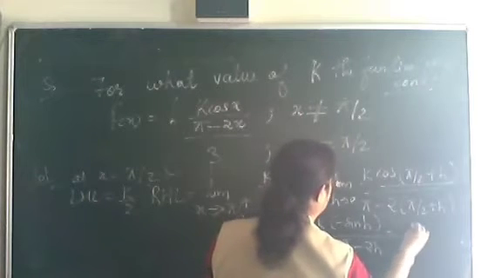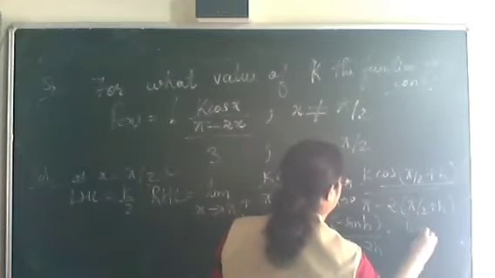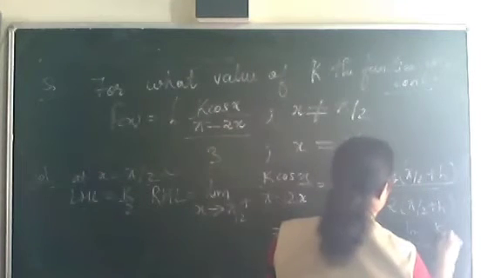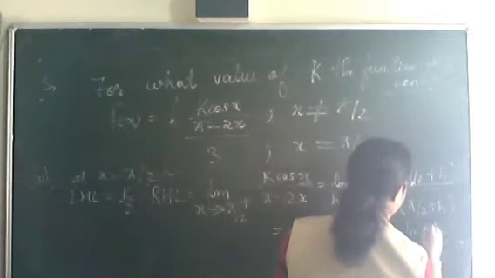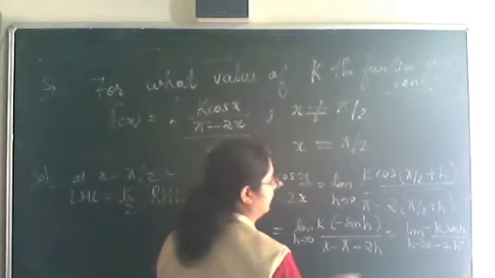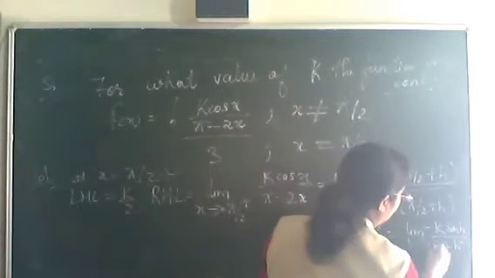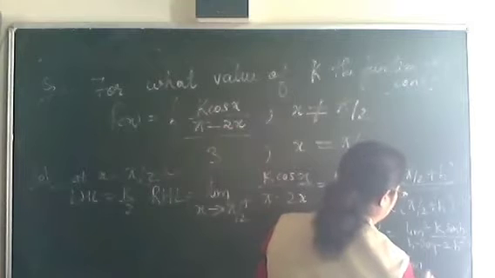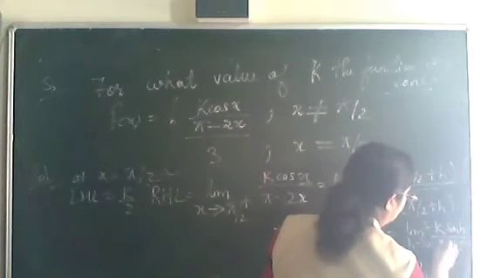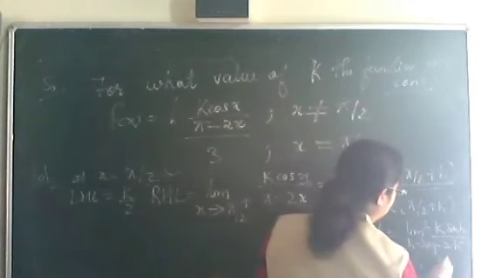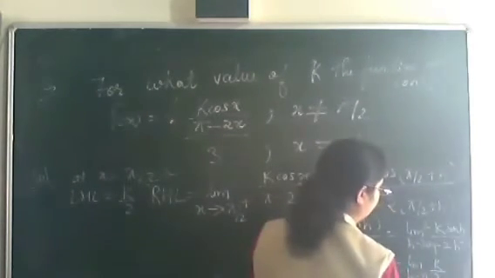So you will get limit h tending to 0, k times minus, we can take outside, sin h upon minus 2h. This pi will get cancelled with pi. This minus will get cancelled with minus. You will get limit h tending to 0, k by 2, and what is sin h by h? Again 1. So the answer will be k by 2.